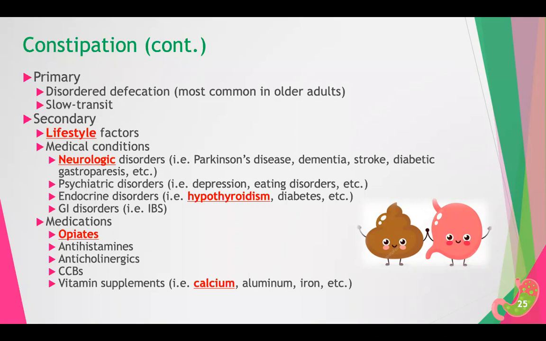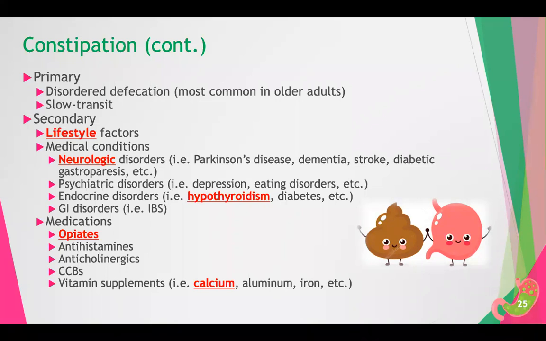And then we have our secondary constipation, which is going to be caused by something that we can typically identify. So, of course, lifestyle factors, meaning they probably don't have a high fiber diet, they probably don't consume a lot of water or get physical activity, or medical conditions, so neurologic disorders like Parkinson's disease, stroke, they might have diabetic gastroparesis. Some psychiatric disorders can contribute to developing constipation, even some endocrine disorders like hypothyroidism, or any GI disorders like irritable bowel syndrome.